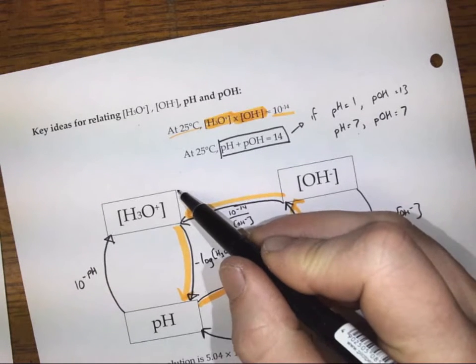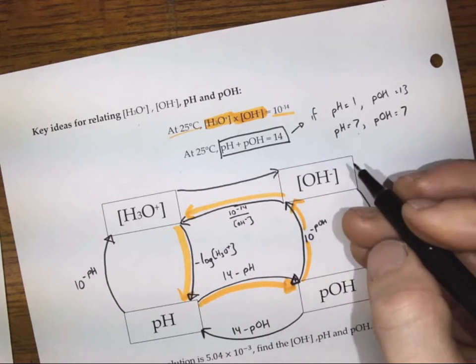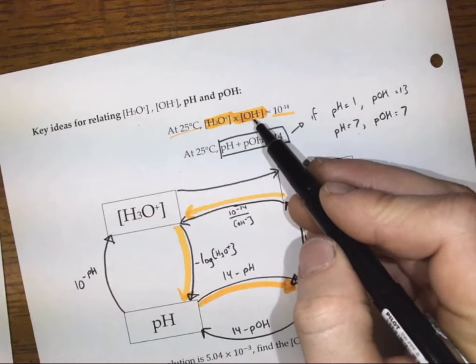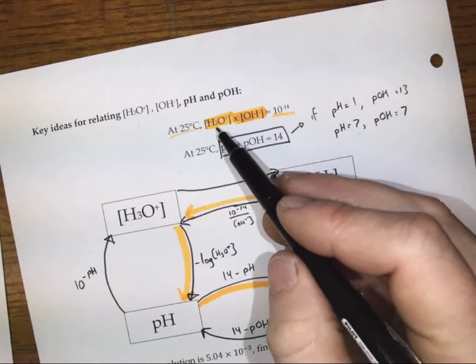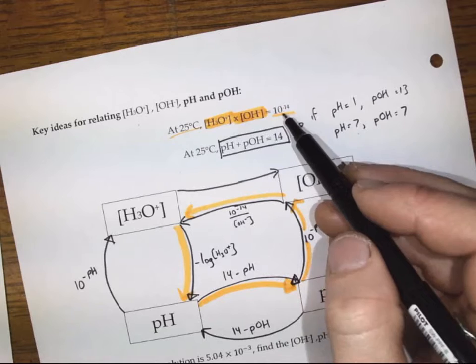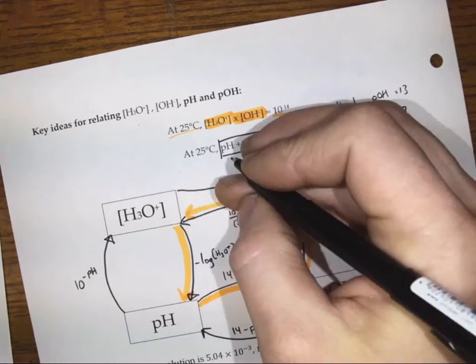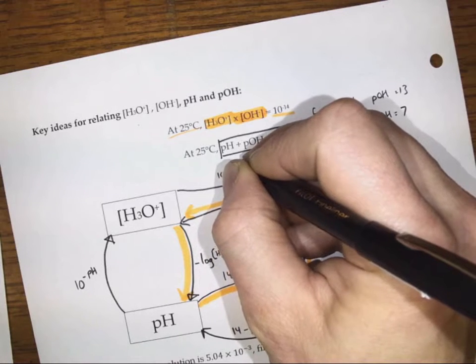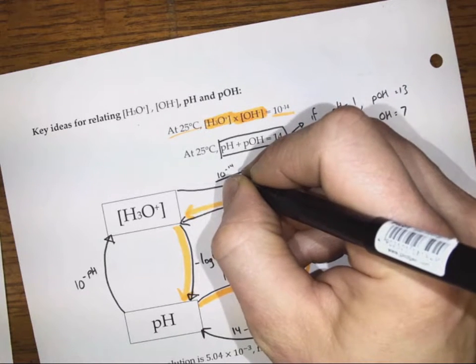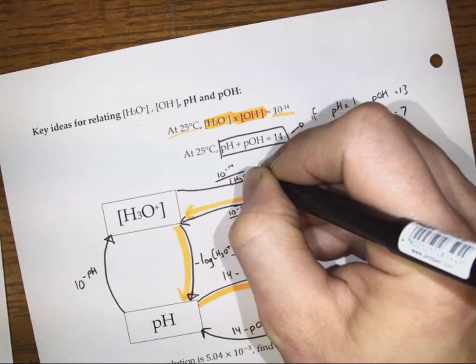And we can do the reverse as well. It's the same principle. When I want to isolate my hydroxide concentration and I know my hydronium ion concentration, I divide both sides by my hydronium concentration. So I get 10 to the power of negative 14 divided by my hydronium concentration.